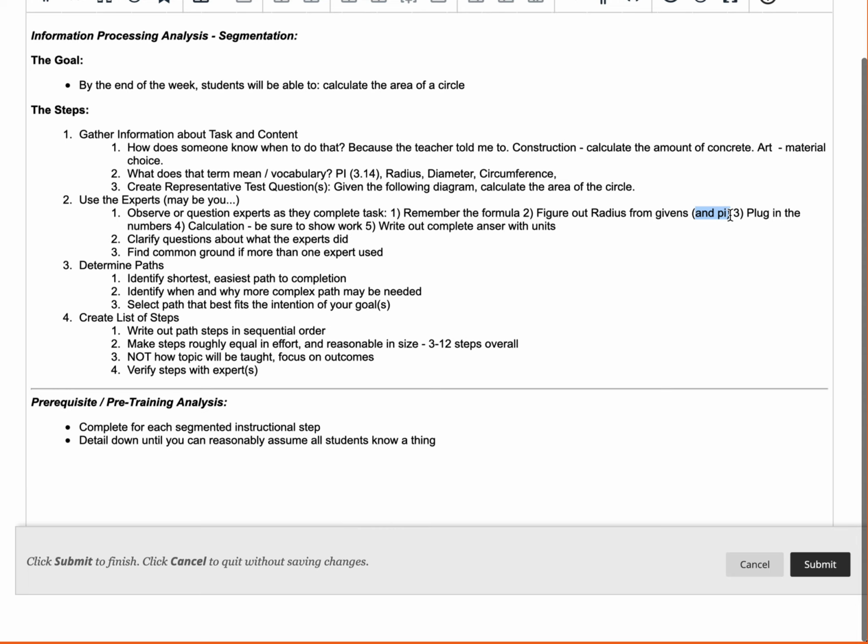Probably all of us here know pi r squared, but maybe that's something that in this class some students won't necessarily know. In that case, you want to identify it as a prerequisite, because that's what the pre-training is. Before you even start these steps, you're going to want to make sure that you've covered those prerequisites as pre-training.